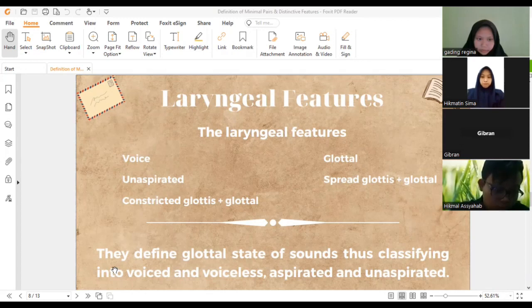It is one of the features that we have ambiguously in different languages as fricatives or as approximants. Besides, sometimes voiceless consonants are also found to be produced with a spread glottis. There's also constricted glottis. Sounds which are plus constricted glottis are those which are produced with the vocal folds held tightly together.